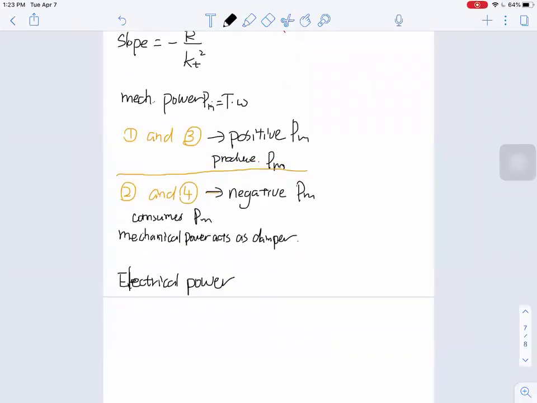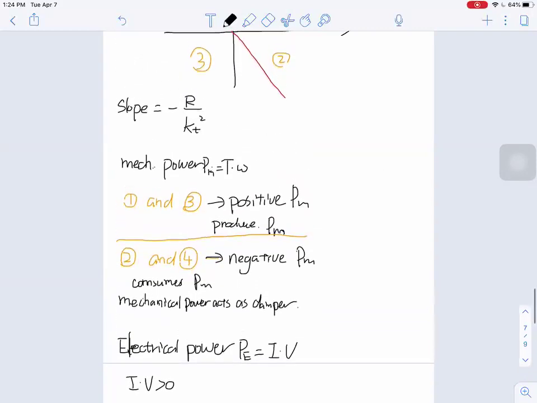First let's look at the equation for electric power. That equals voltage times current, right? So when both voltage and current are positive, both greater than 0, that's the region.